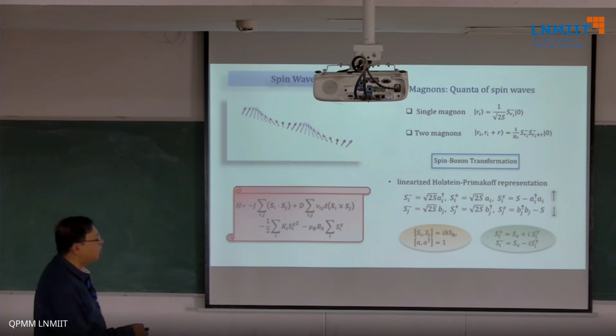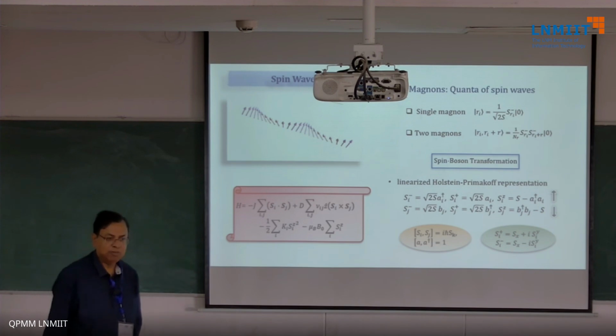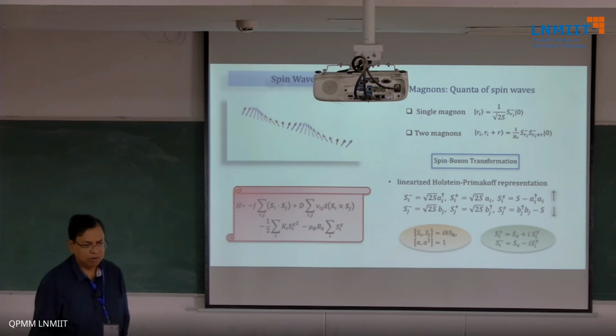So the zero is the ordered state. If it's a ferromagnet, then it's a Curie state, and if it's an antiferromagnet, it's a Néel state. And then you make these transformations, this S_i minus and at another site S_j minus, in terms of these operators, a, b operators, and so on, and then you put it back into this. Now it looks solvable, and it looks like a non-interacting problem. And it's a bosonized problem.